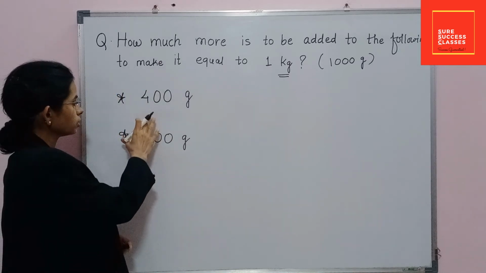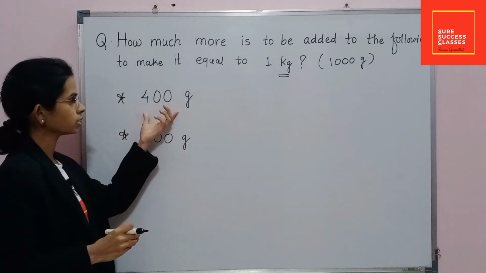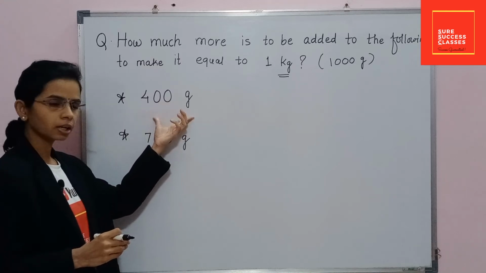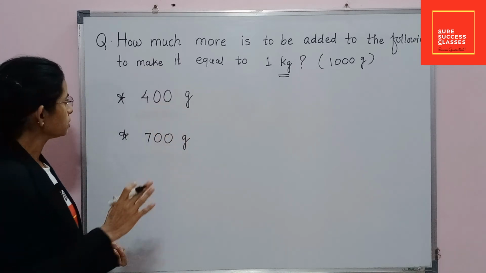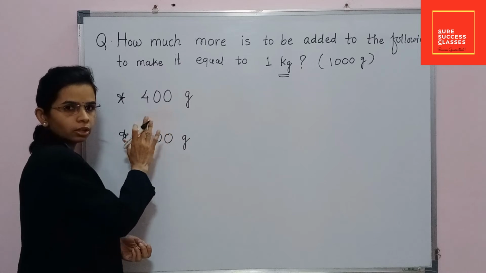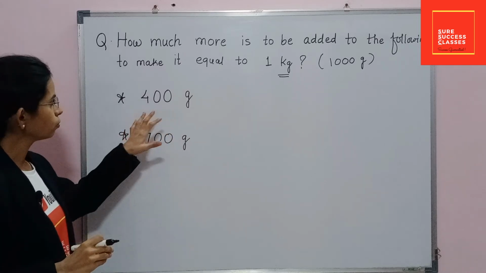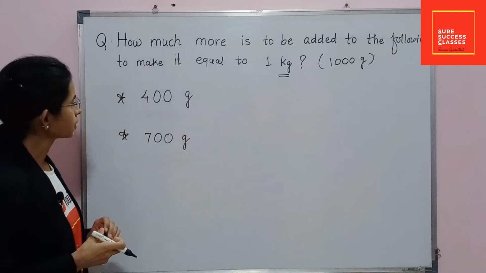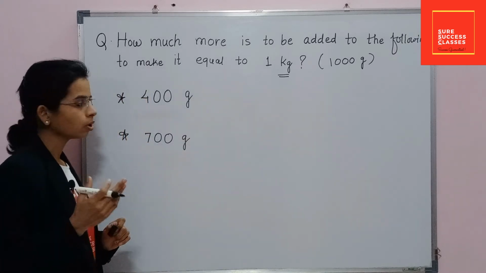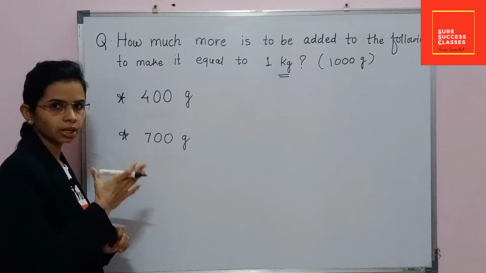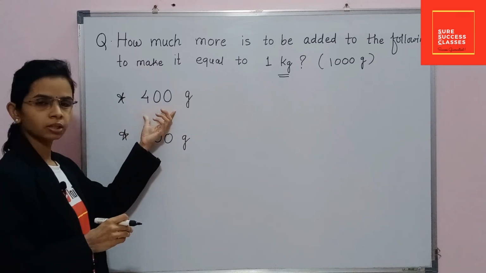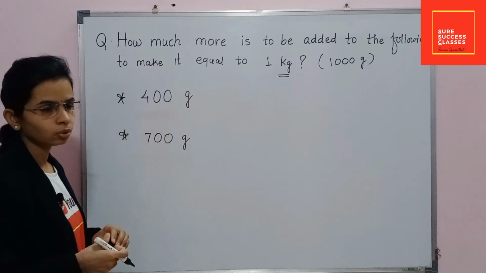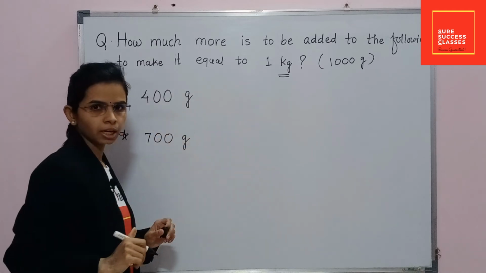And if you observe these numbers, the first number is 400 grams. Means we have only 400 grams and we want to convert it into 1000 grams. So we have to add that many grams to this number so that it will convert into 1000 grams.